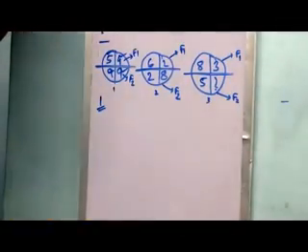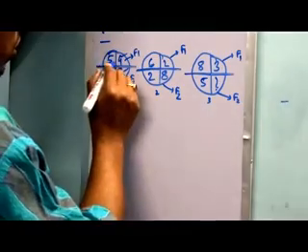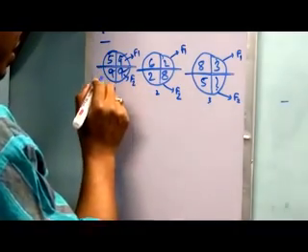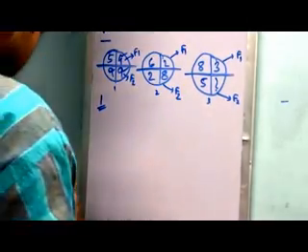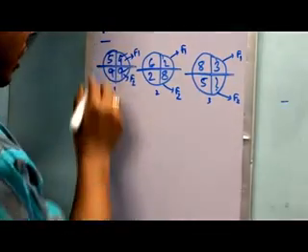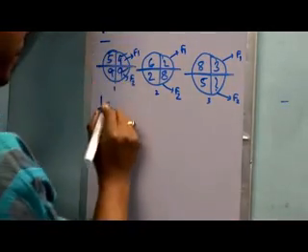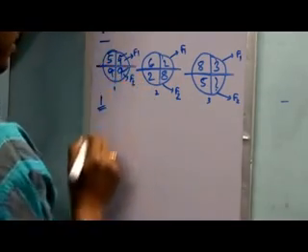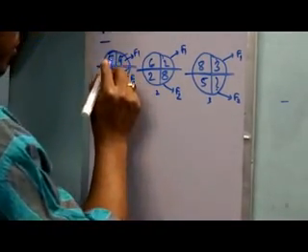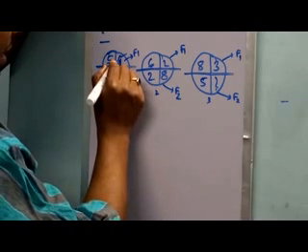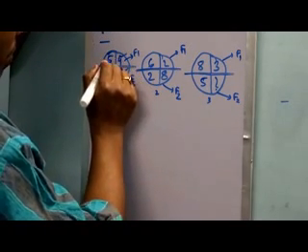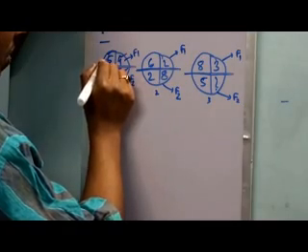So from diagram number 1, subtract the numbers. So top left corner and top right corner, subtract the digit of top right corner from the digit of top left corner.